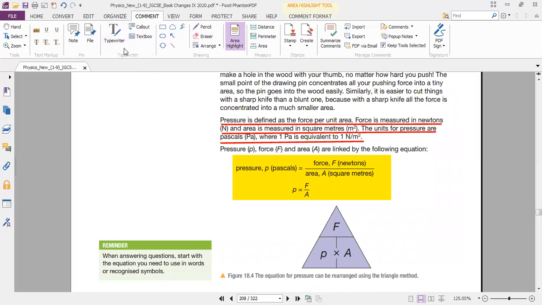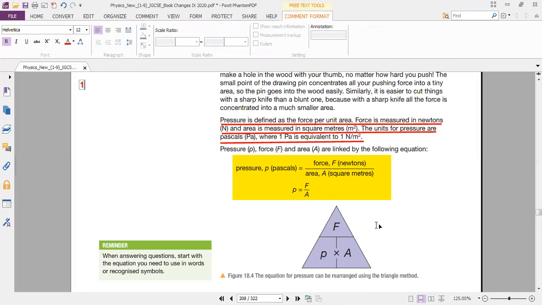So what does it mean by 10 pascals of pressure? It means 10 newtons of force is applied on 1 meter square of area.